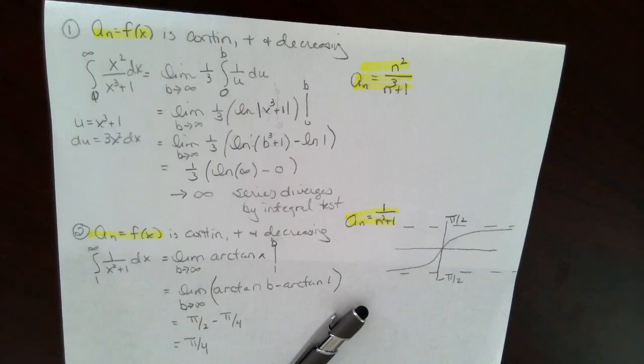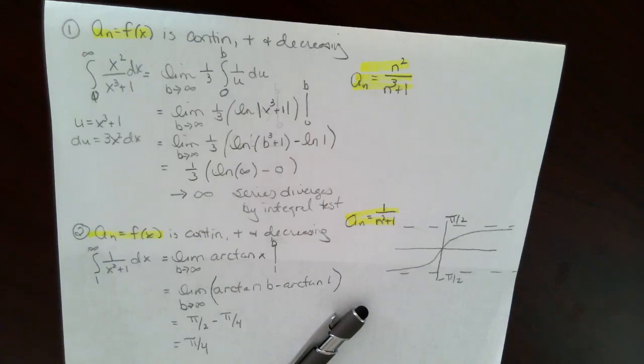I'm confused. It's 1 over x cubed, so we plug in b. So that's b cubed. Isn't it just 1/3 limit as b goes to infinity, and then I put the u back in?